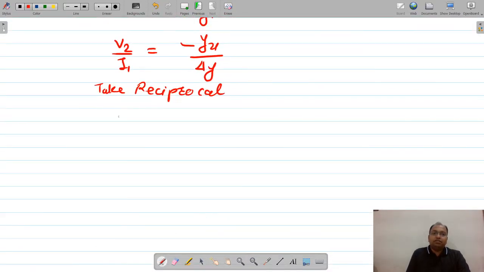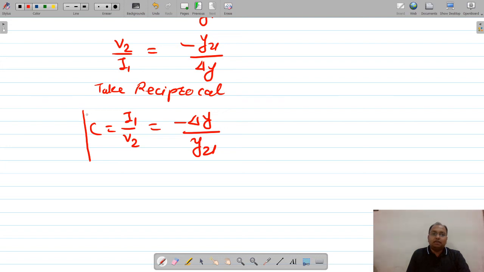Therefore, finally my equation for C is I1 to V2 is equals to minus of delta y divided by y21. That is as simple as that we found out.